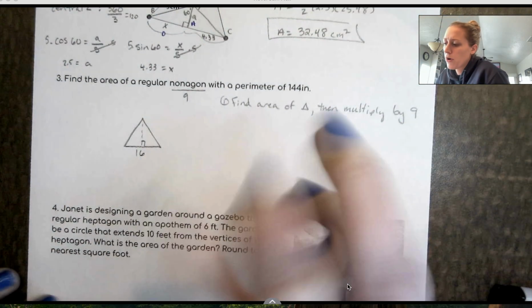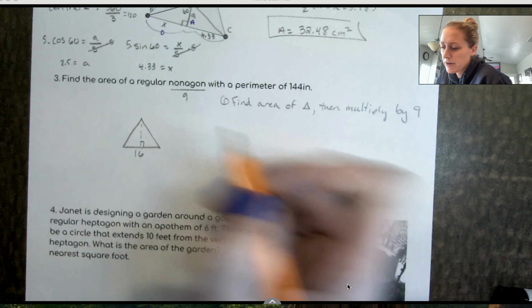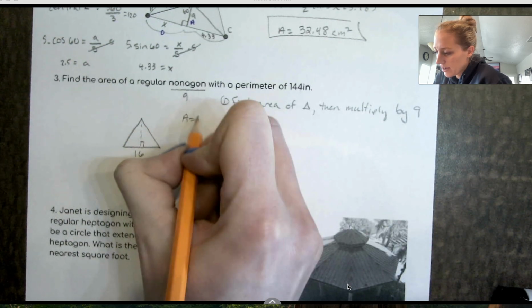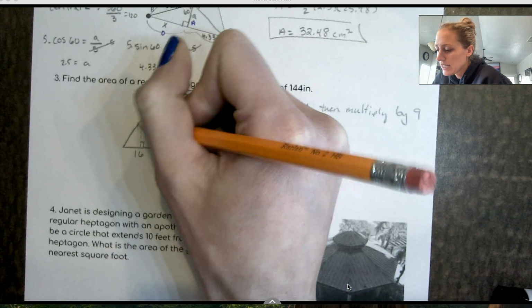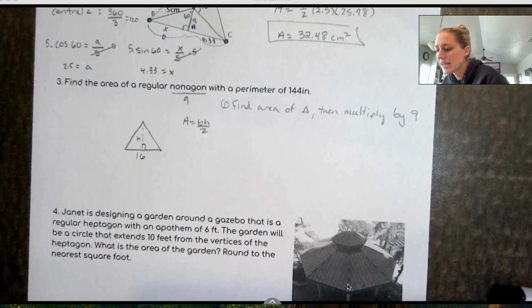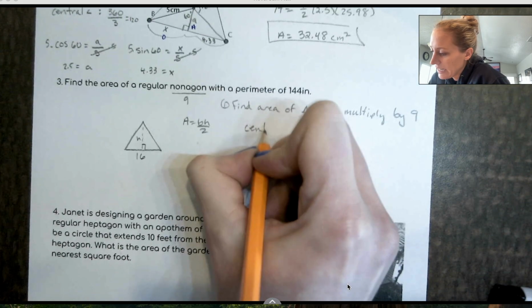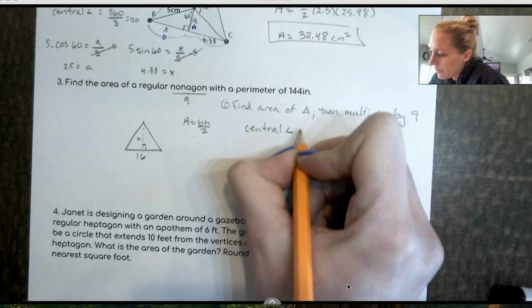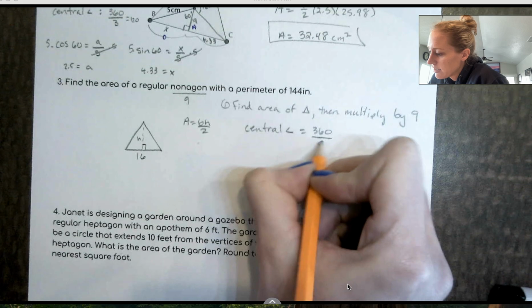I am going to do the same exact thing. The area of a triangle is base times height divided by 2. We know the base is 16. We need the height. So again, I need to find the height, and I'm going to use SOHCAHTOA to do that. In order to use SOHCAHTOA, we need an angle. Our central angle is 360 divided by the number of sides.